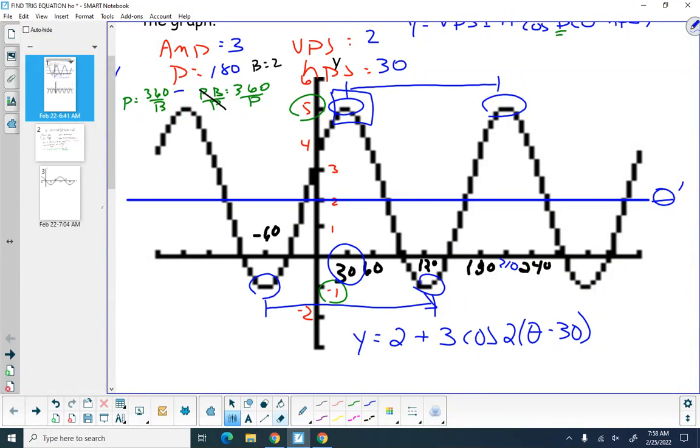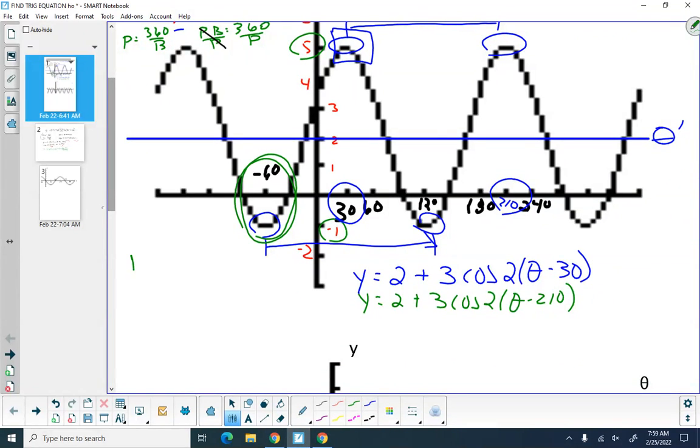Well, what if you want to come out here? That's fine. This is correct. If you want to write that equation, that is correct. Suppose you want to come back to here and use negative 60. Now we're at a valley.